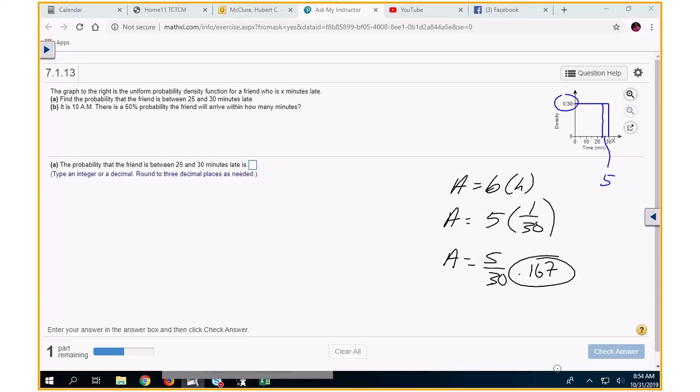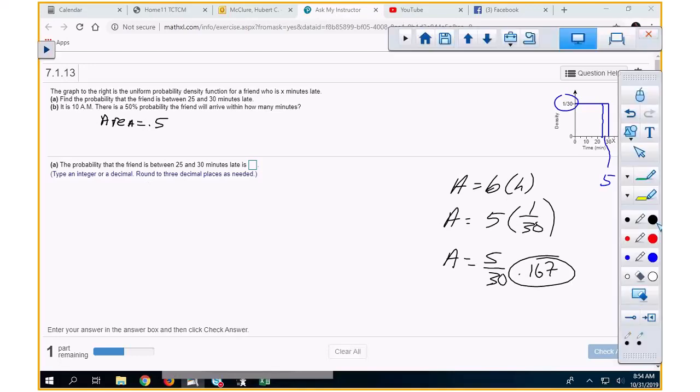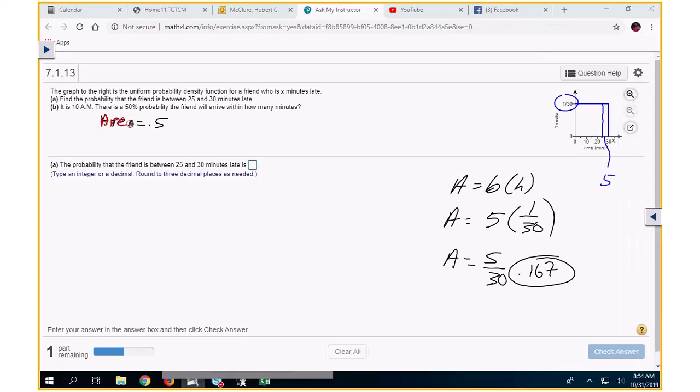Now what do you do? Now it says the area is equal to 0.5. So I'm going to do that in red. Area is equal to 0.5. So when they give you an area, that's 0.5000. So that's going to be what? 0.5000 is half, right? And where is half between 0 and 30? 15.